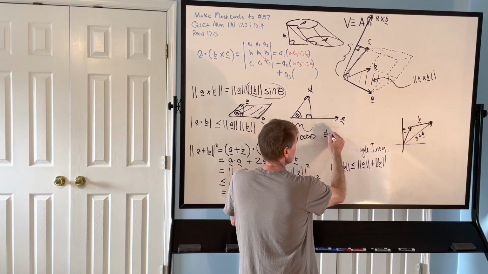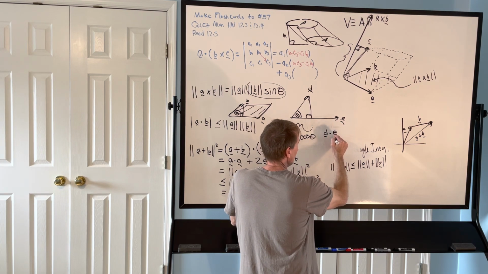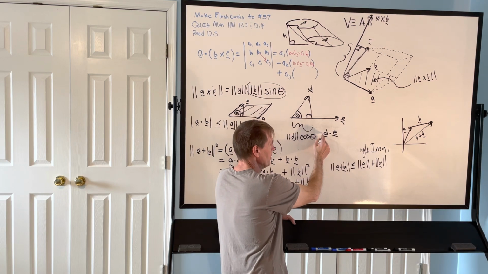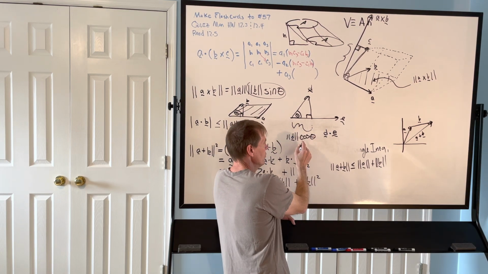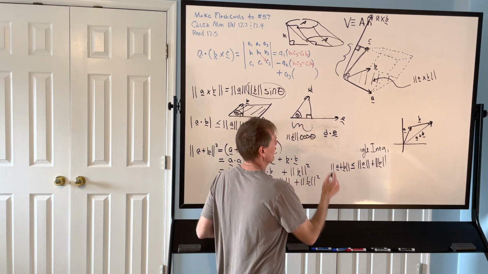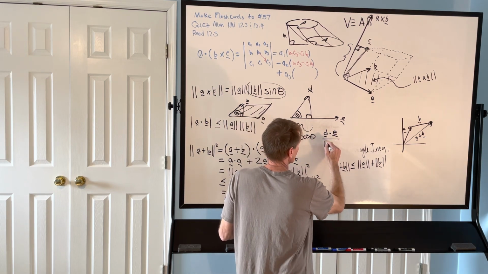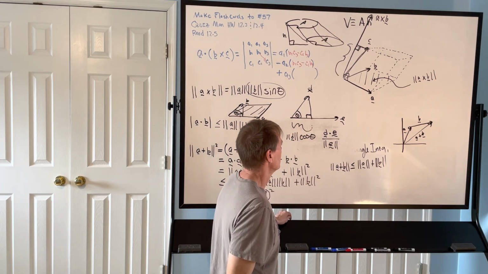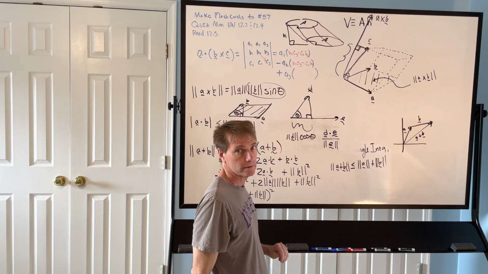It's D dot E. And remember, that would be the norm of D, norm of E, cosine of theta. But we don't want the stinking E in there. And so if we divide it by the norm of E, that's that length there.